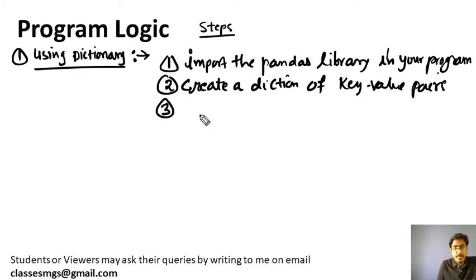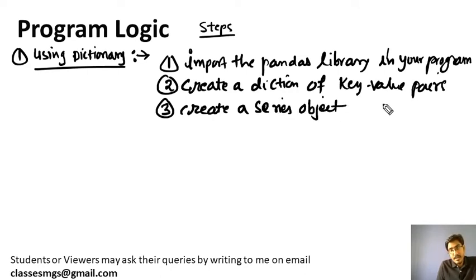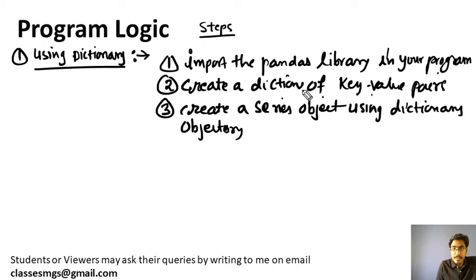Then the third step is to create a series object using the dictionary object that we created in the previous step, step 2.